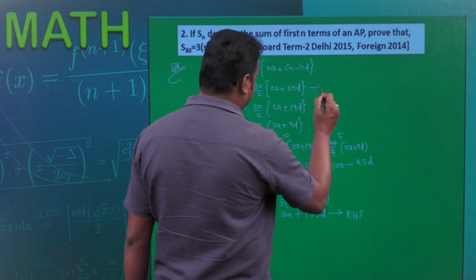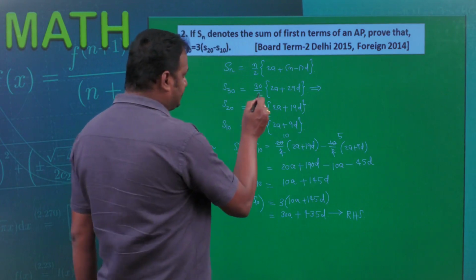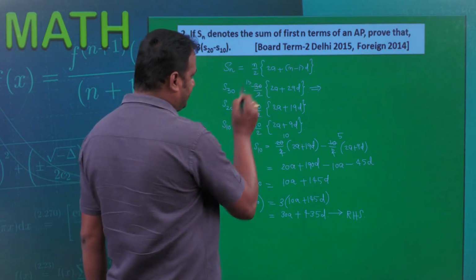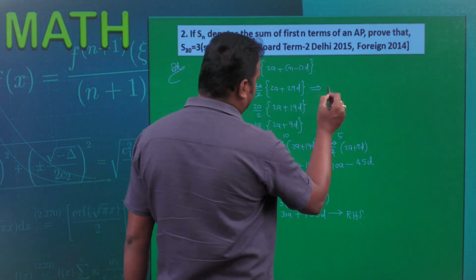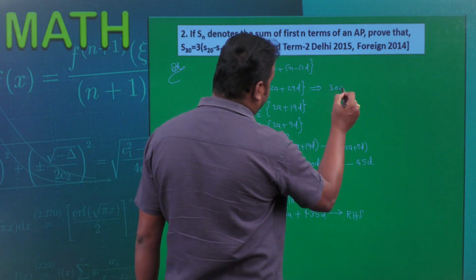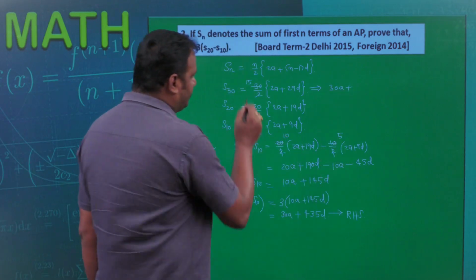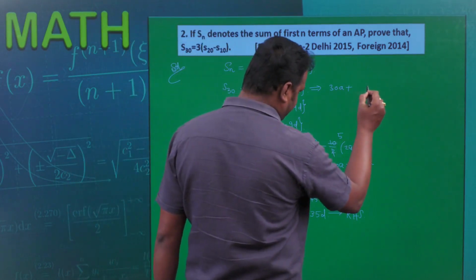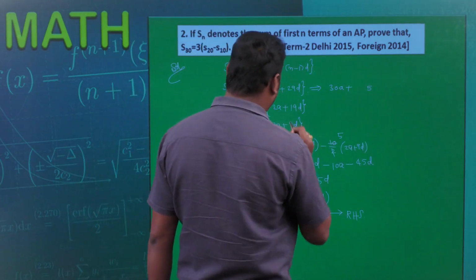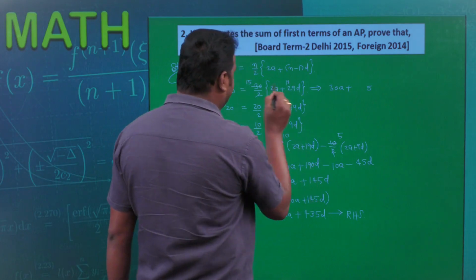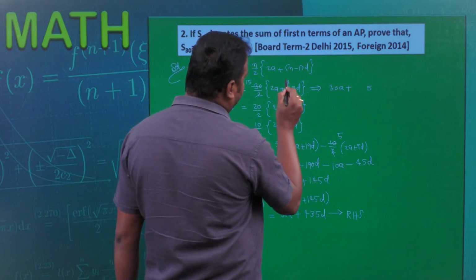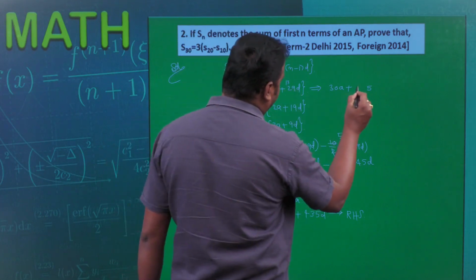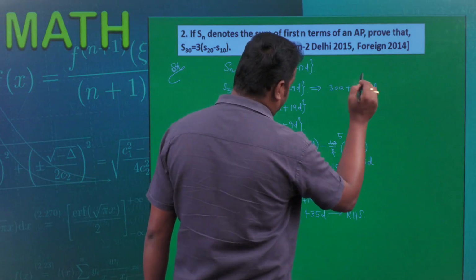Let us check. See here, 2 ones are 2, and 15 twos are 30a plus 15 into 29. 15 nines are how much? 135. So 5, carry 13, and then 15 twos are 30. 30 plus 13 is equal to 43, so 435d.